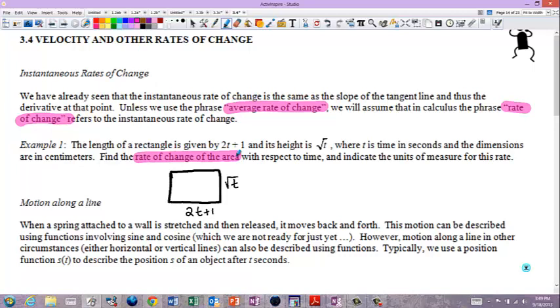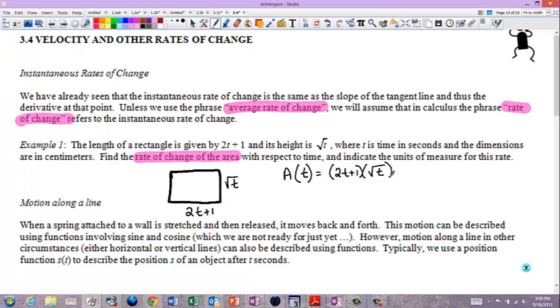So the first thing we need to do is write an equation for the area. So the area, and it says with respect to time. Anytime you have with respect to time means of t, is going to be length times width. And I want to find the rate of change.